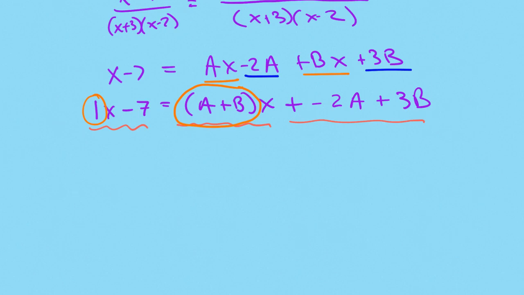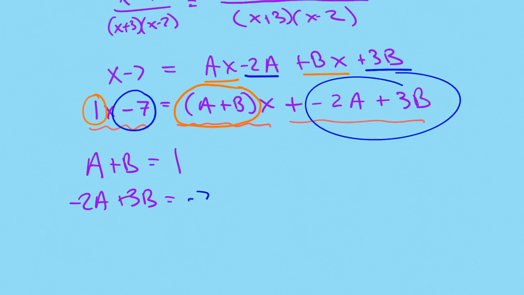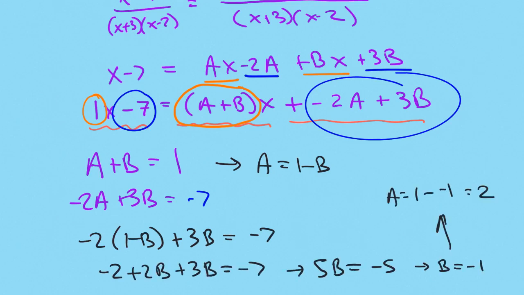So I get that a plus b, the coefficient of x, has to be 1. And I also get that negative 2a plus 3b has to be equal to the constant, negative 7. And now I just have a system. So I'm going to speed this up and solve this system pretty quickly, but if you need to pause it, do that.